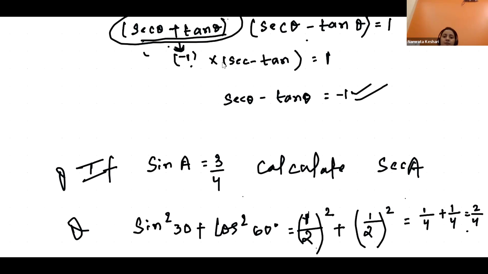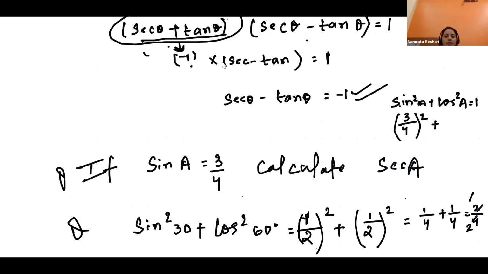Just that. The first one: sine A is 3 by 4, then sec A is equal to what? Sine A is this one, then cos A we can find. We know the identity sine square A plus cos square A equals 1. Sine A is 3 by 4, so we write 3 by 4 whole square, plus cos square A equals 1.